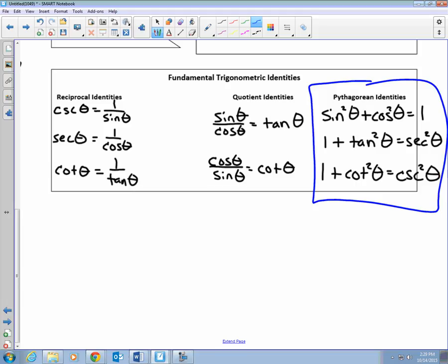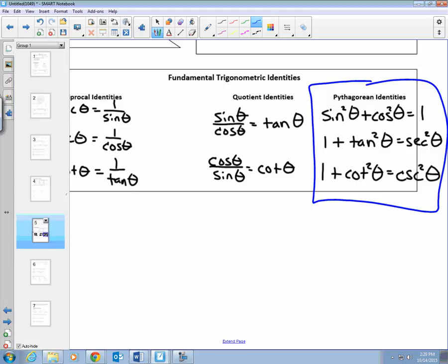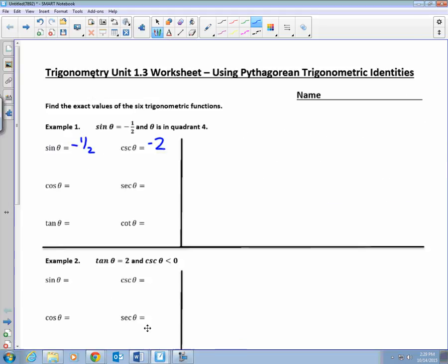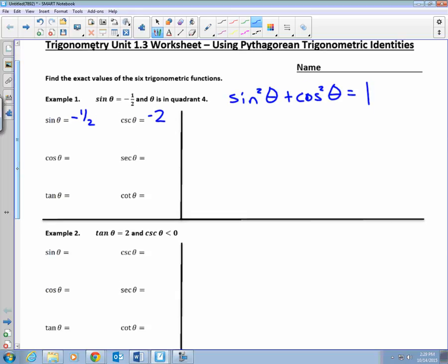Which one should I choose, the first, second, or third? First. And I'm going to go to my page, and I'm going to use sine squared of theta plus cosine squared of theta is equal to 1. Which one will I end up solving for in this problem? I'll solve for cosine. I know sine.